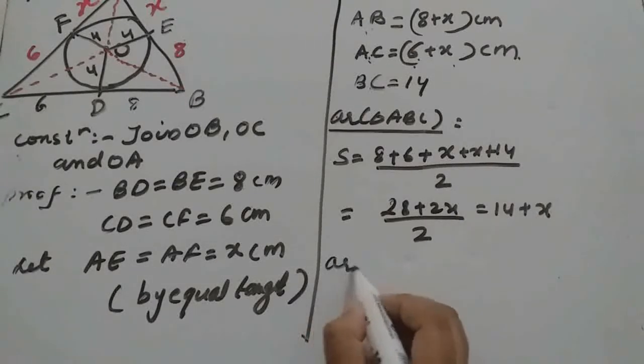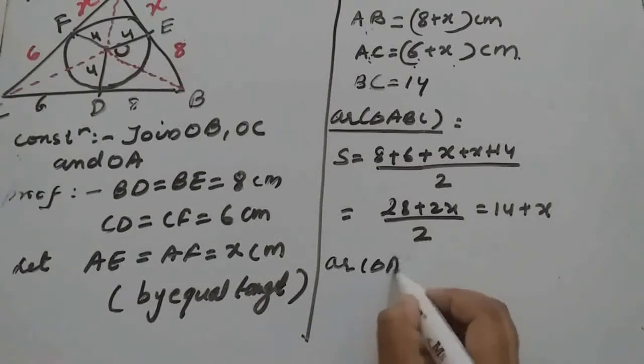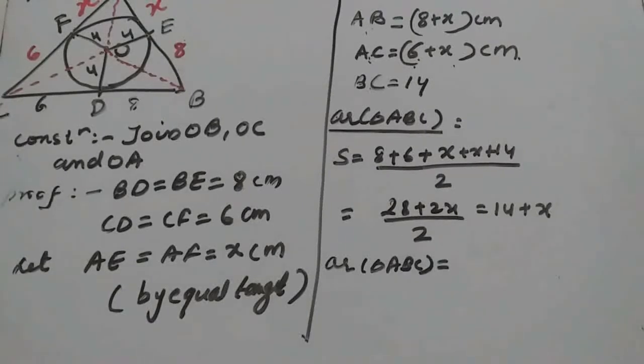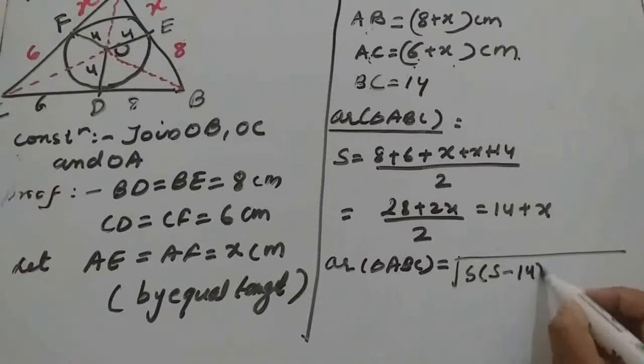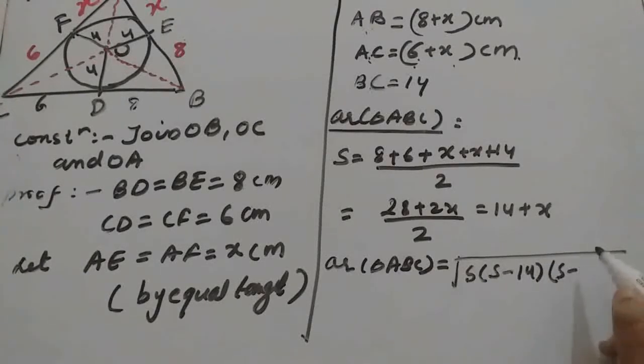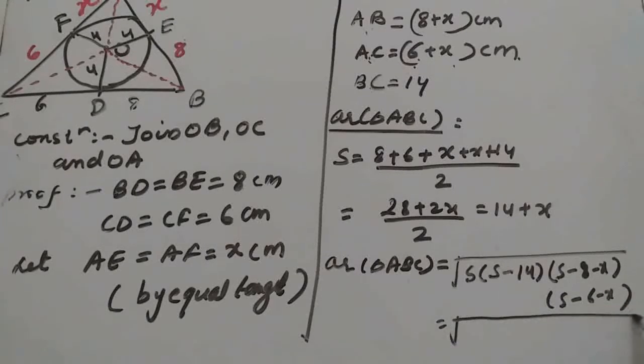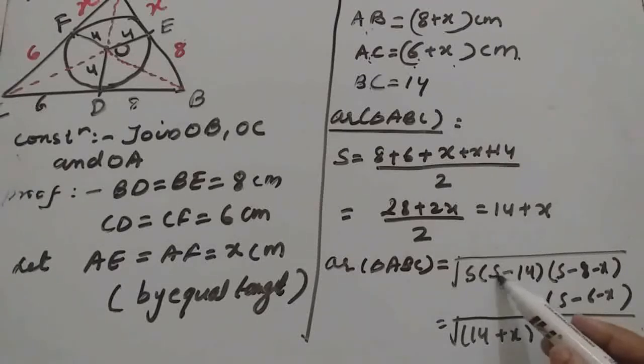So the area of triangle ABC is given by the formula root of S times (S minus 14) times (S minus 8 minus x) times (S minus 6 minus x). So 14 plus x minus 14 means x only.